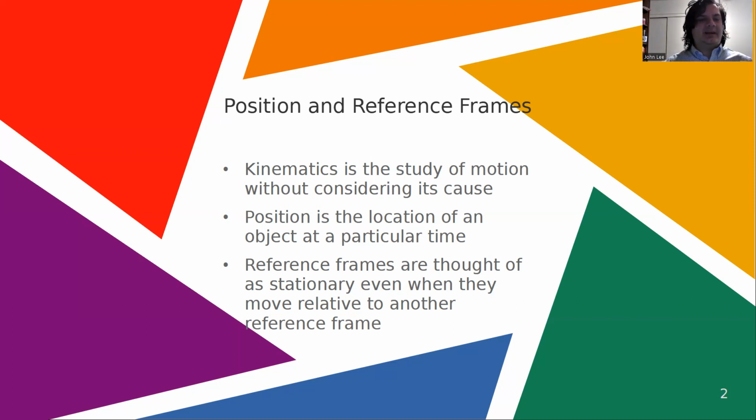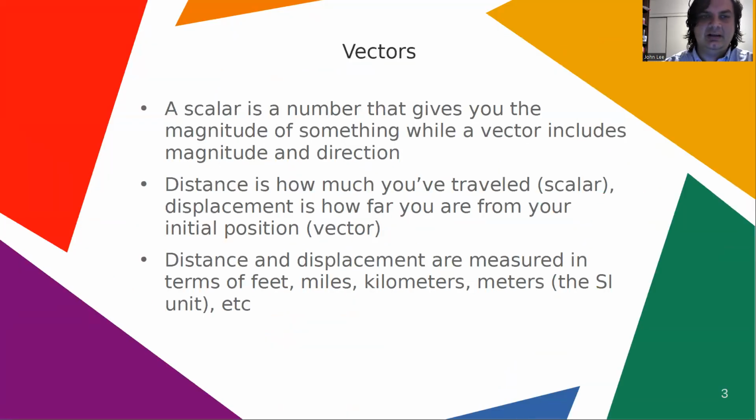So this is called Galilean reference frames, and it's pretty much something that's going to be accepted and useful up until you get to the 20th century, where relativity kind of throws a wrench in it.